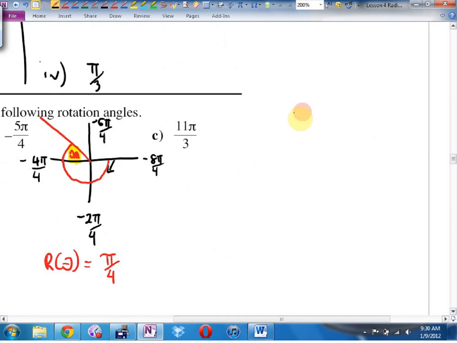How far? 3 pi by 3. How far? 6 pi by 3. How far? 9 pi by 3s. How far if I went to there? 12 pi by 3. Too far. How much too far? In fact, I think I want to go there.